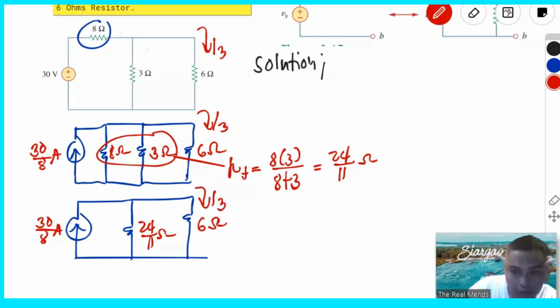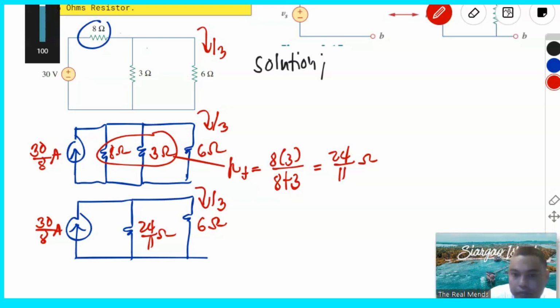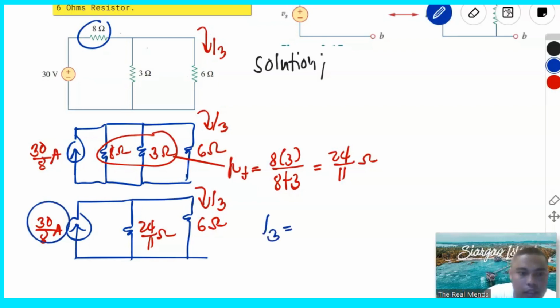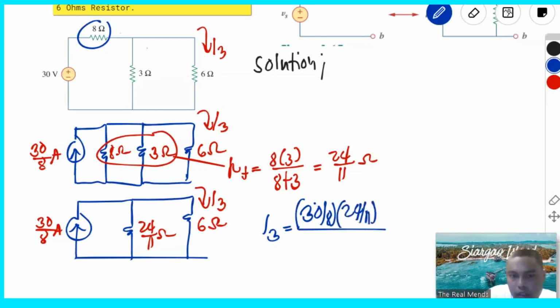So to do that, to solve for the value of I3, just use the current divider theorem, in which your I3, get the total, that's 30 over 8, multiply by the resistance of the other, that's 24 over 11, okay, over, that's 24 over 11, plus 6 ohms, and then that gives us 1 ampere.